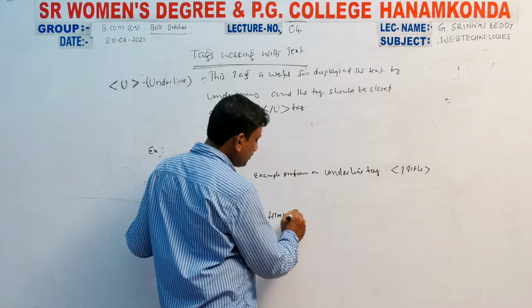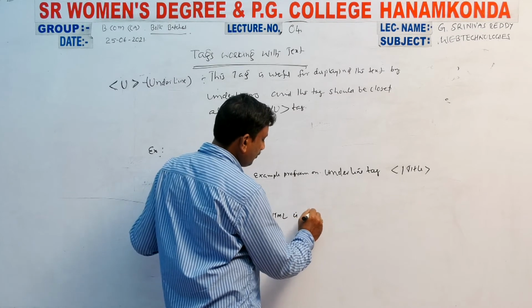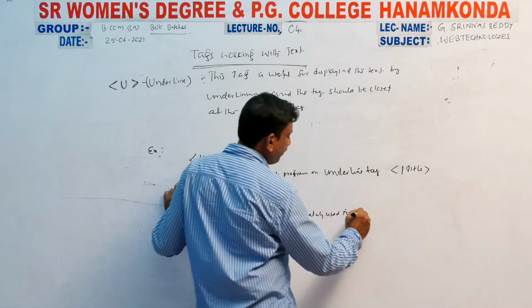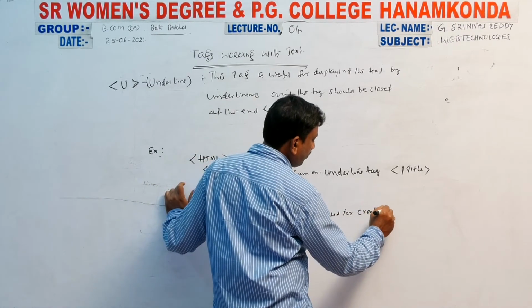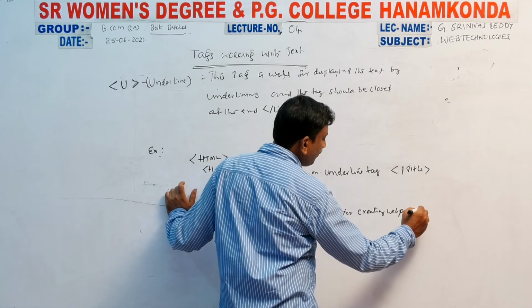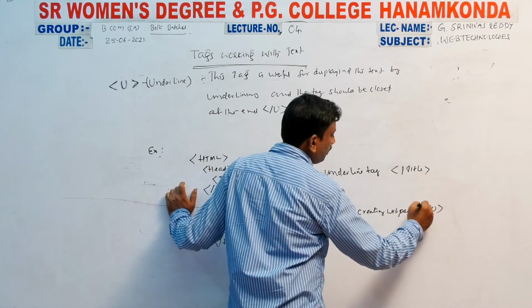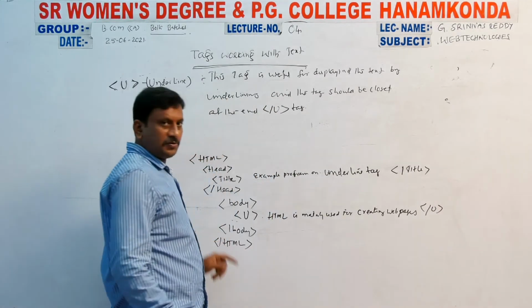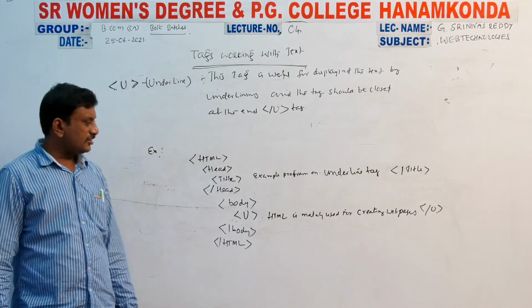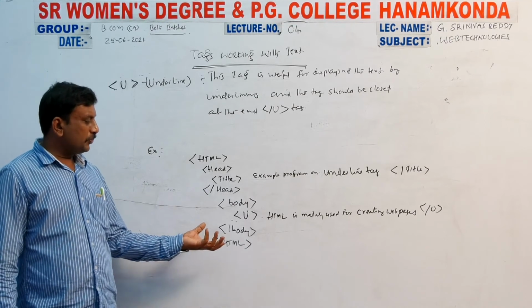HTML is mainly used for creating web pages, videos, polygons, textuals. Here, output means what should be the output.